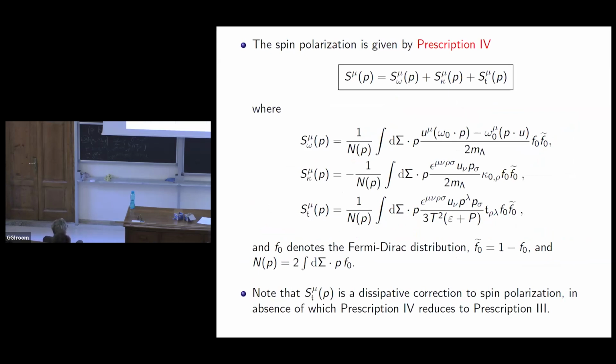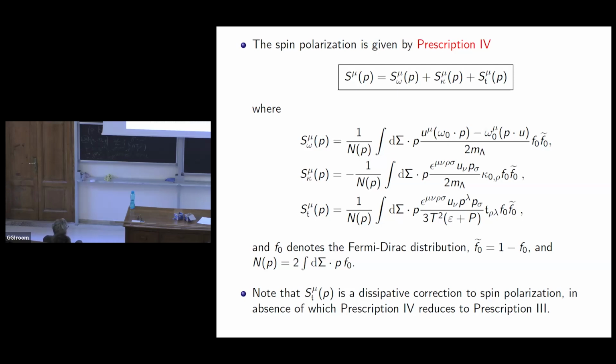And then this is prescription 4 for computing spin polarization. We have a contribution from omega, a contribution from kappa, and a dissipative contribution. It is to be noted that if there are no local collisions, then omega and kappa together are essentially prescription 3.